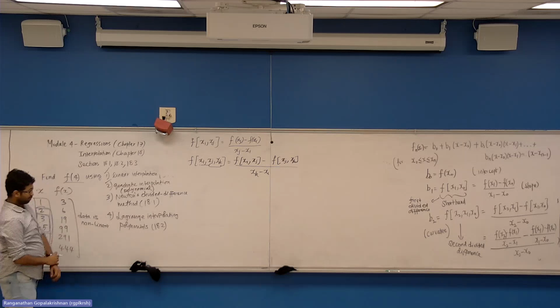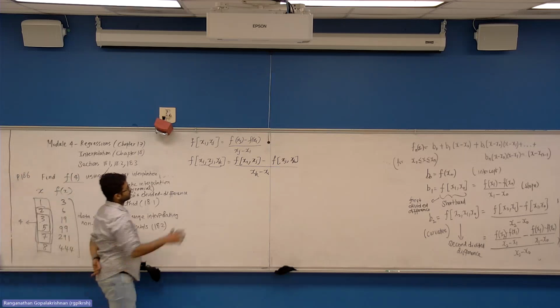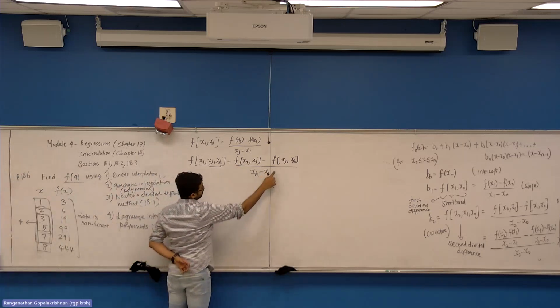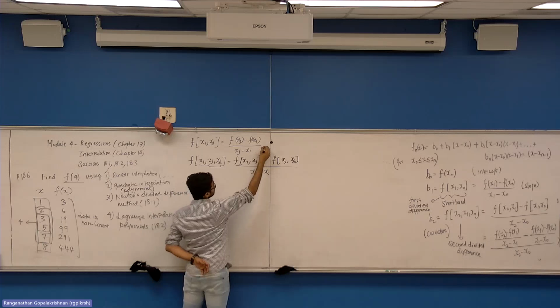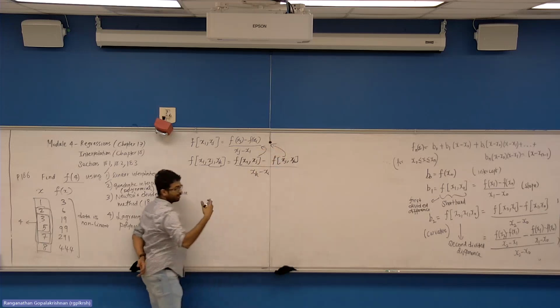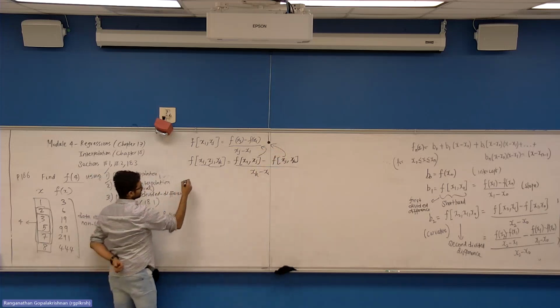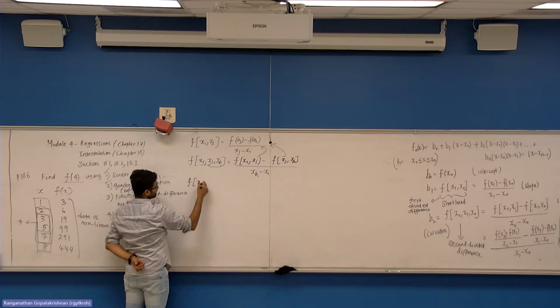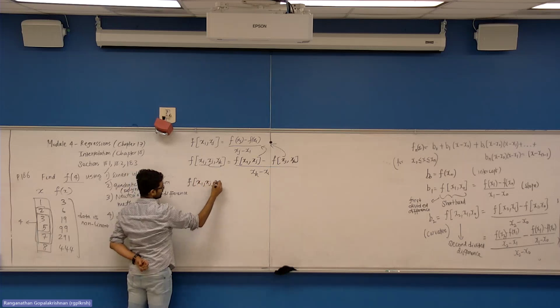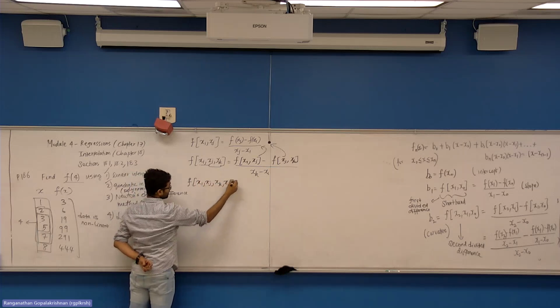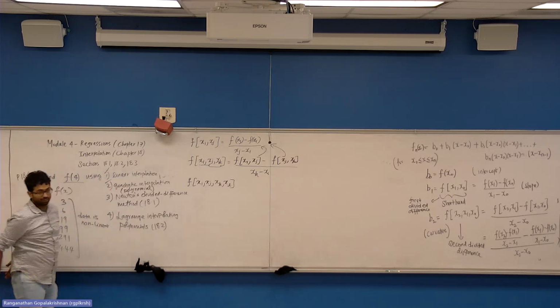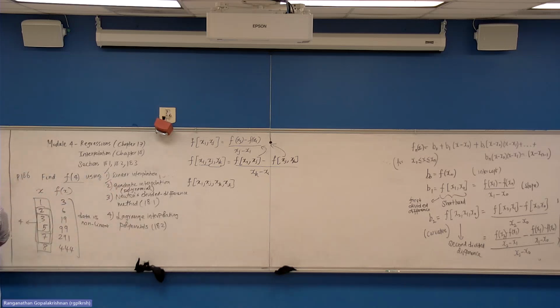Then you would split this term using the previous formula, and it goes on. So if I ask you to write what is f of xi, xj, xk, xl, how do you start? You have a question?